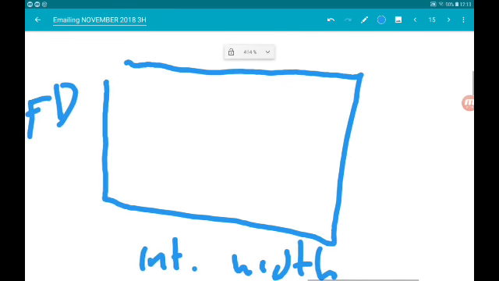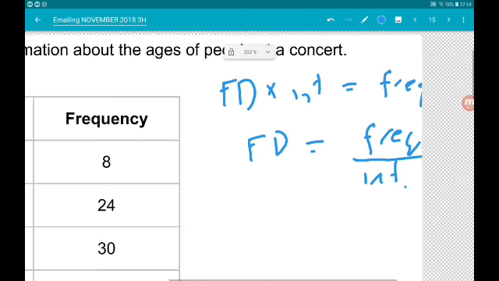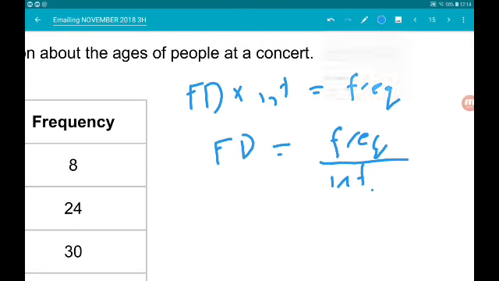So from that we can get that frequency density is equal to frequency divided by interval width. So in our table, it's going to be slap bang in the way, times.